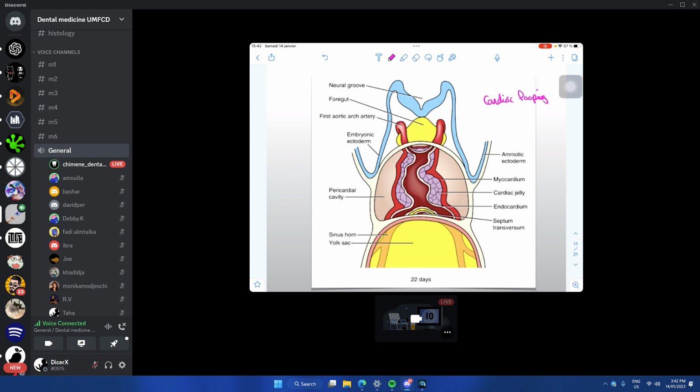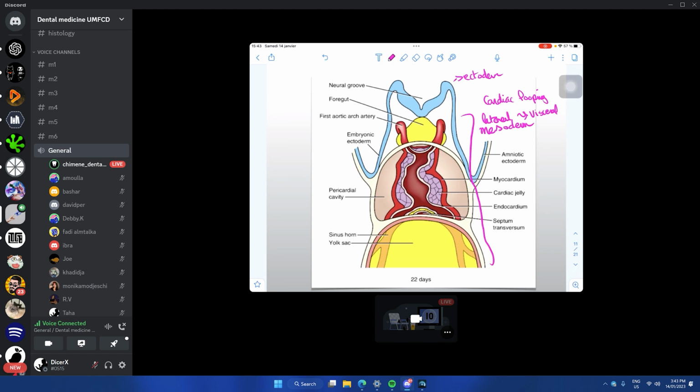You have the ectoderm, and here mostly this is the mesoderm. If the professor wants to ask you which layer is responsible for the development of the heart and the cardiovascular system, it comes from the lateral mesoderm, and from the visceral part, right?